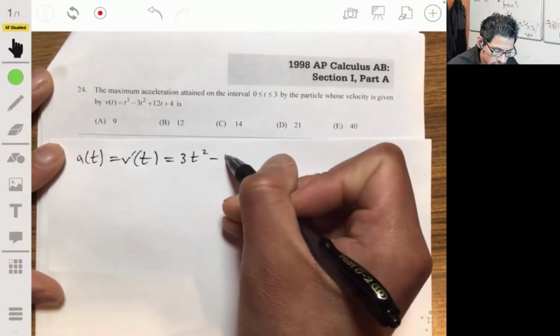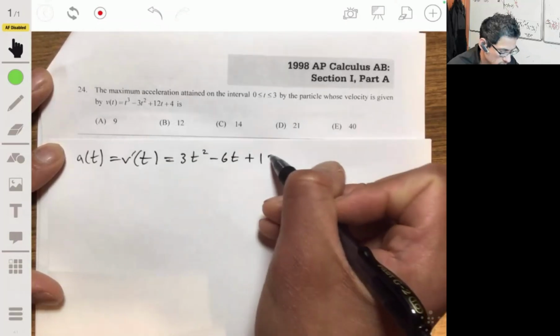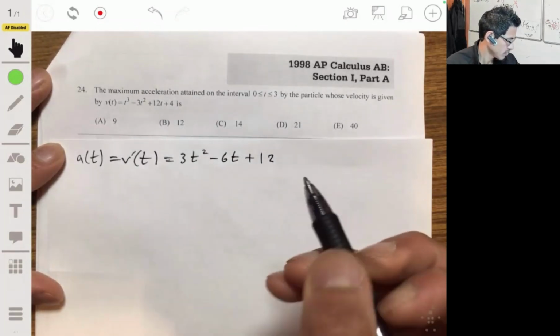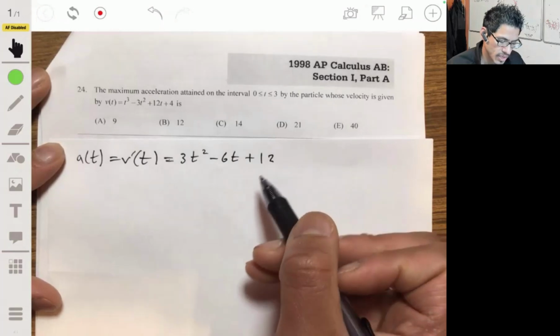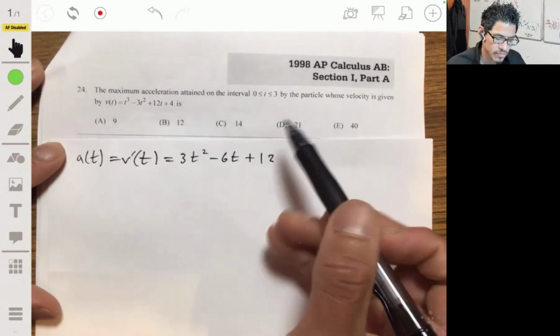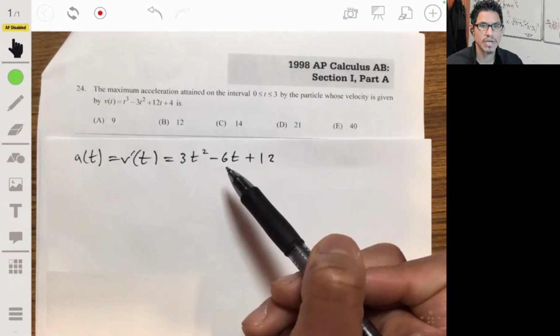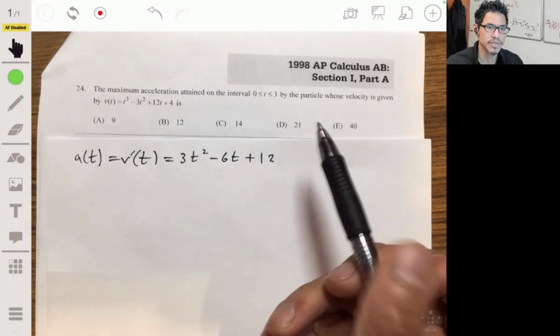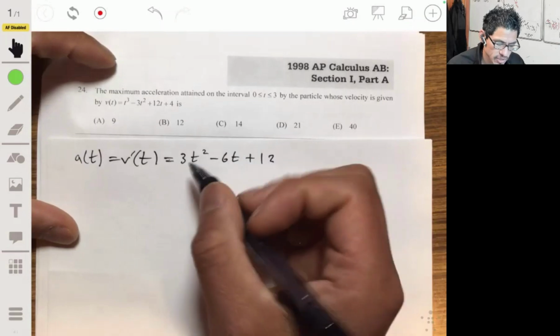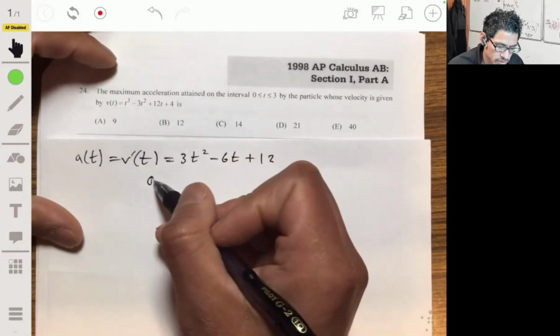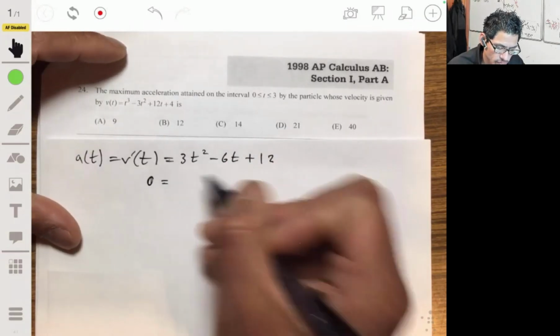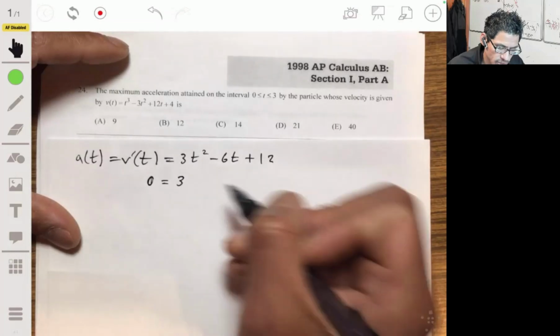3t squared minus 6t plus 12. We want to study the zeros, and we want to study the endpoints, so we can evaluate the zeros and endpoints. Let's set this equal to 0, factoring out a 3.